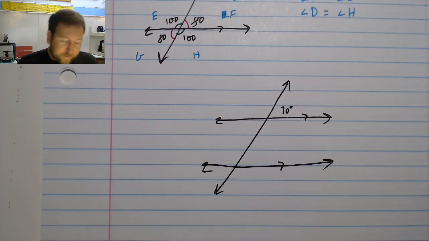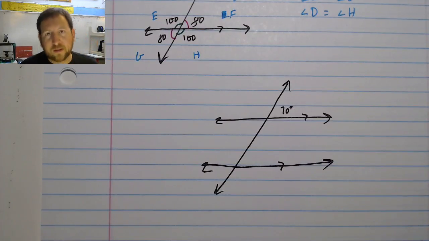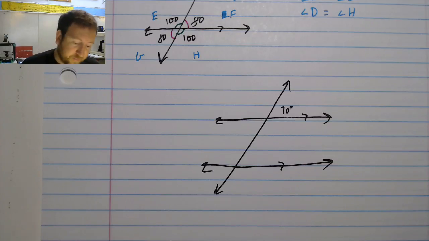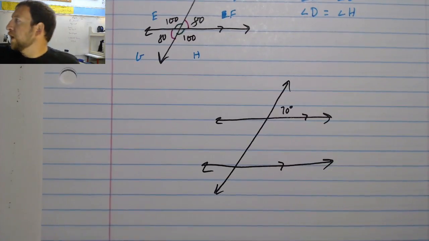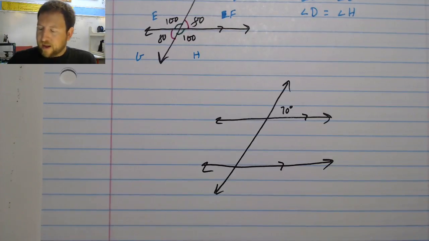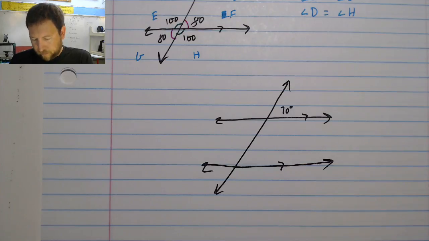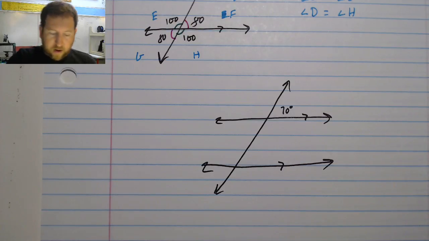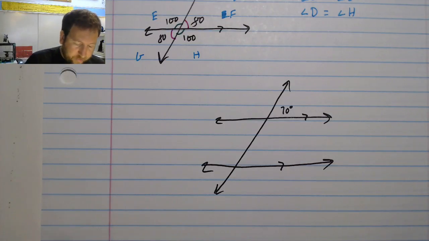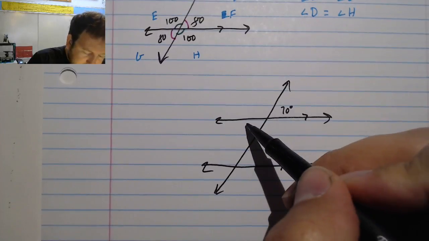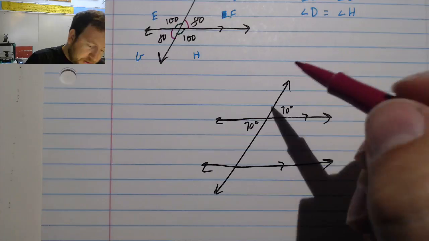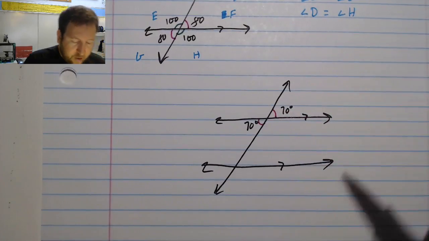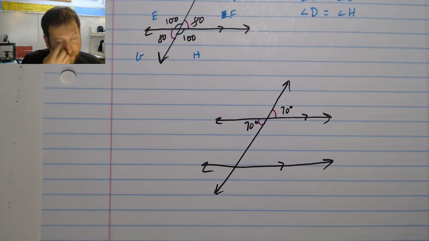Okay, well, if I know that this is 70 degrees, I can certainly say that its vertical angle, or my opposite angle, across from it, is certainly going to be 70 degrees as well, because I know these to be the same whenever I look across from each other.